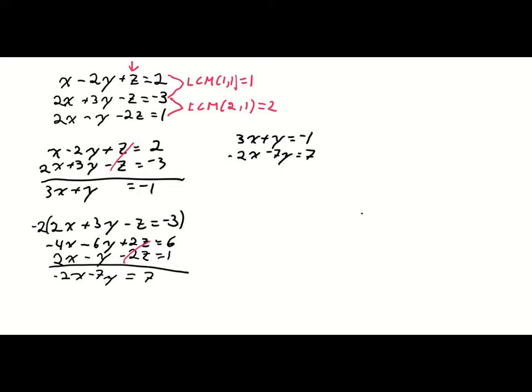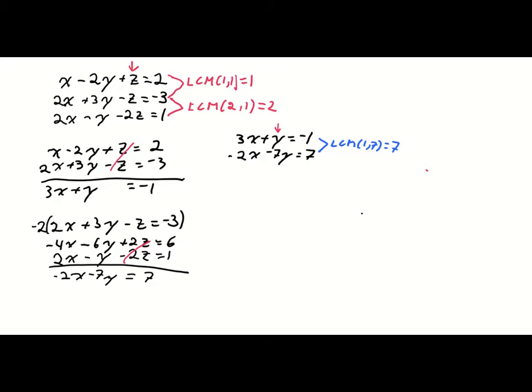So now we solve this system using addition, just as we have previously. We get to either eliminate the x's or the y's. In this case, the y's look a little bit easier, so let's do those. So we're looking for the least common multiple of 1 and 7. And that is going to be 7.